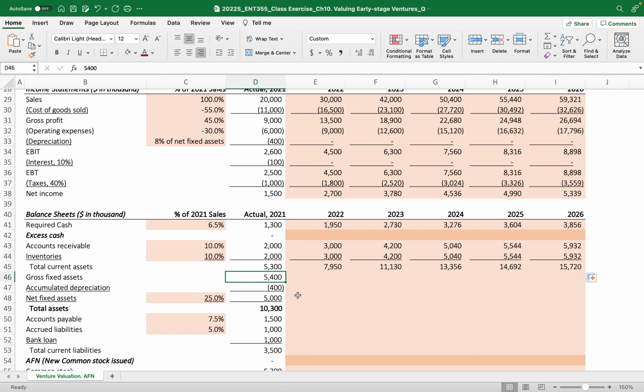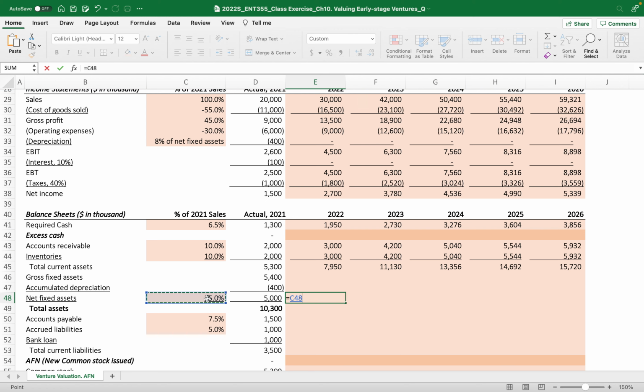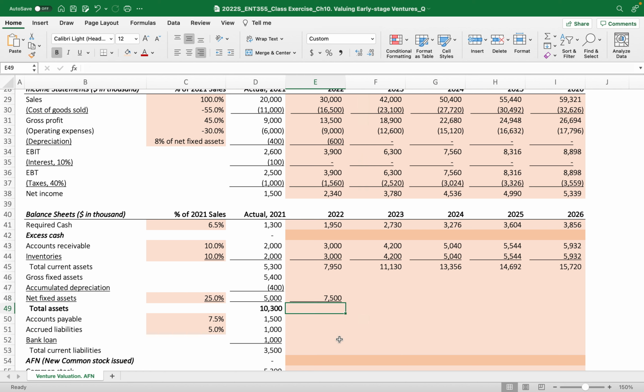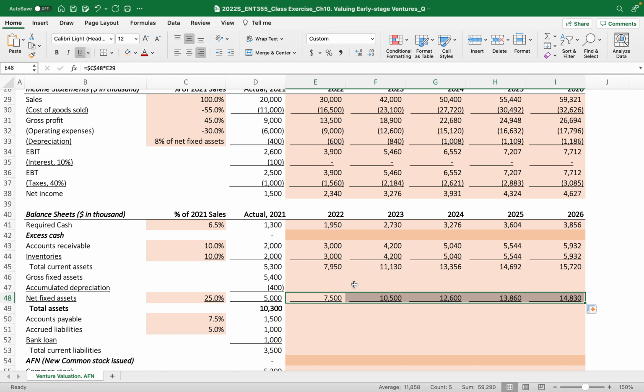For example, here, net fixed asset is 25% times the sales, and then we can just drag it to the right. Accumulated depreciation. Do you remember that we discussed how we calculate depreciation?